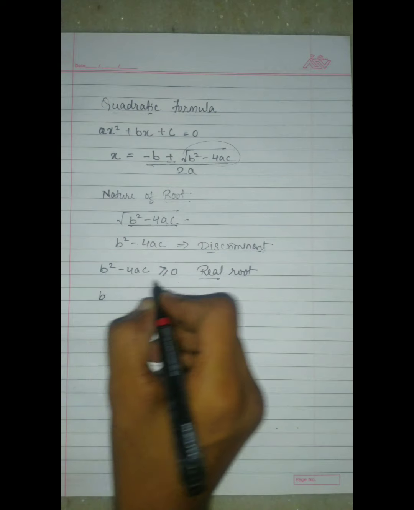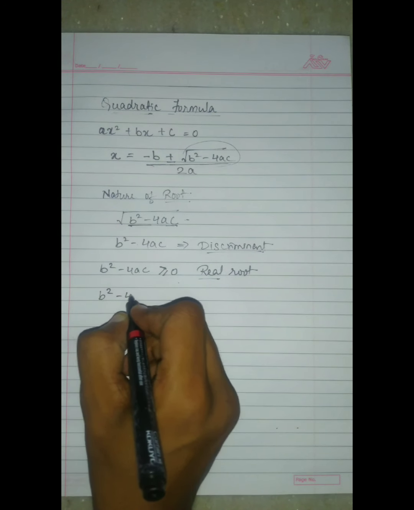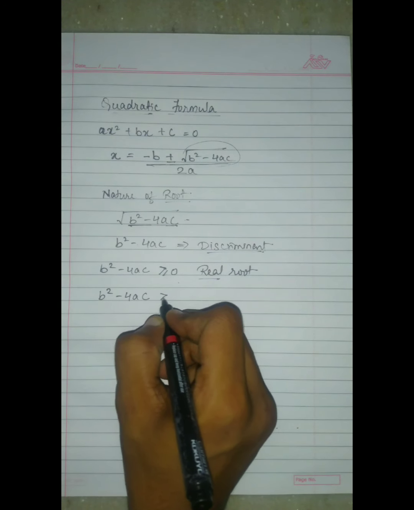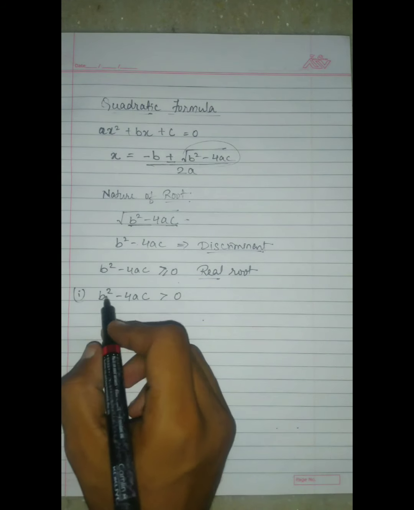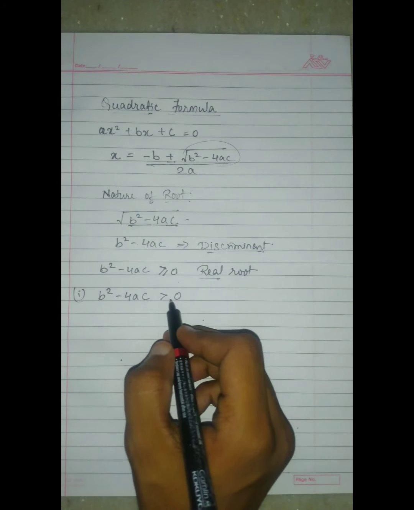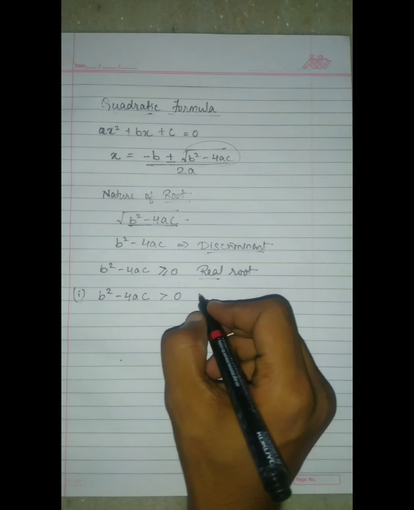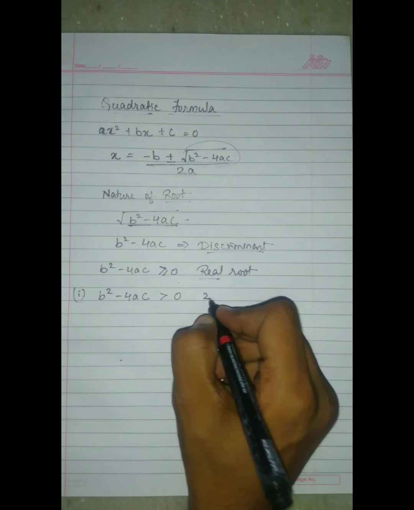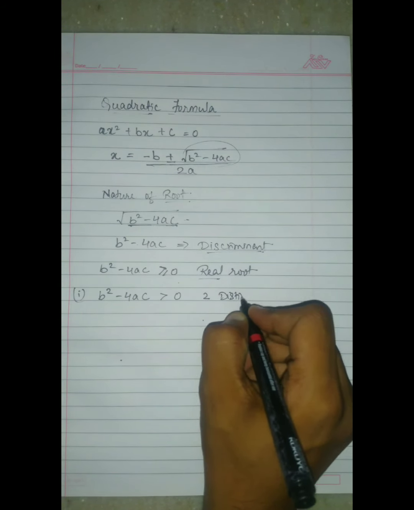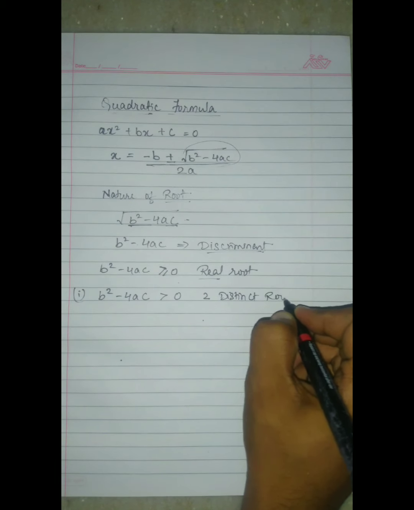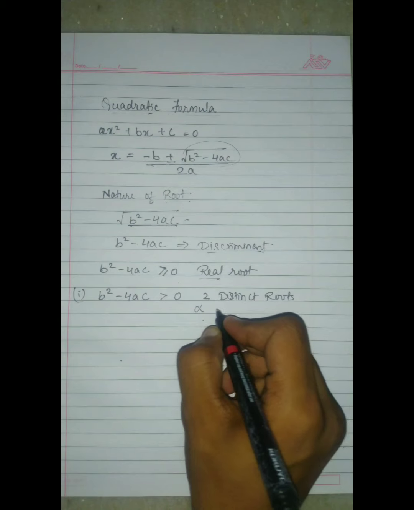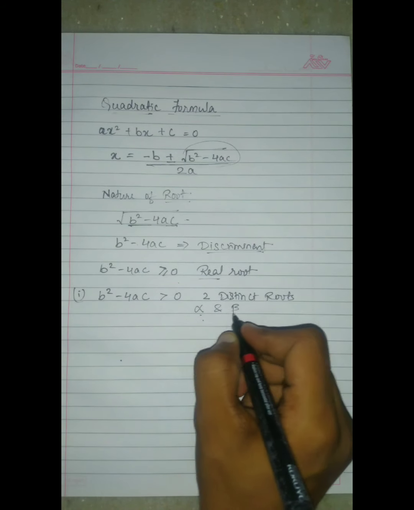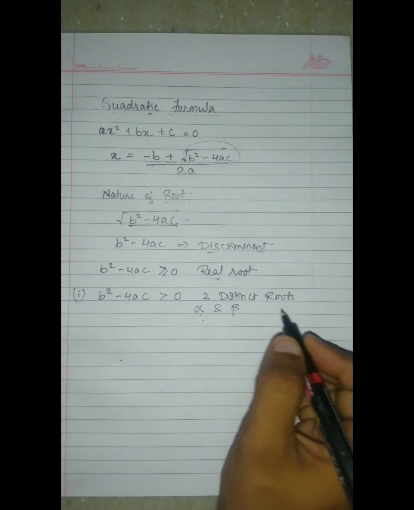So now, to be more precise, this is the first condition. If b square minus 4ac is more than 0, then it will have two distinct roots. If the roots of the given equation are alpha and beta, both will be different.